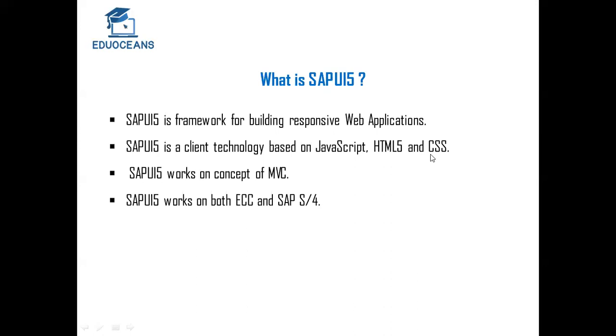For that we normally use CSS. It is only used for styling purposes. And it is also used when some controls are not responsive, so in order to make them responsive we can use CSS.